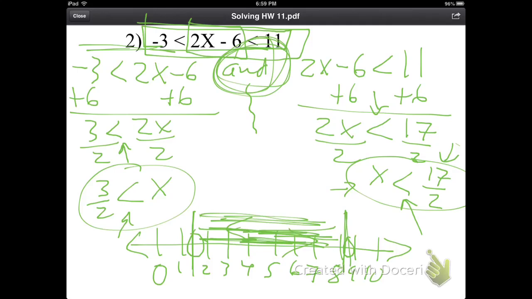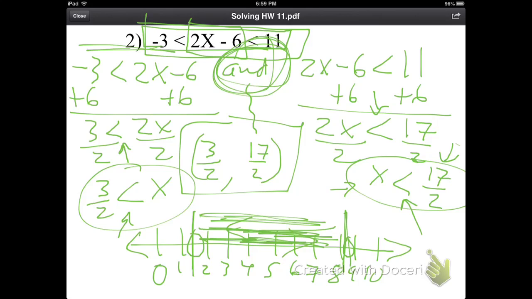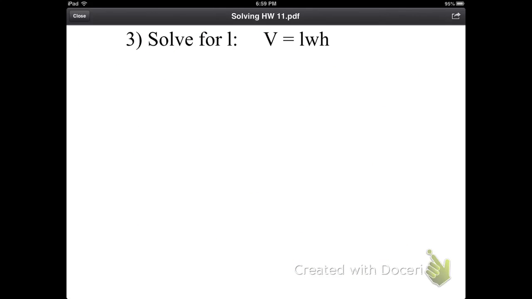To write our solution in interval notation, we write down the lower end, which is 3 halves, and the upper end, which is 17 halves. I'm going to put a curved bracket around the ends because these circles are open. When they're not filled in, you have the curved bracket. And that should be it for number 2.